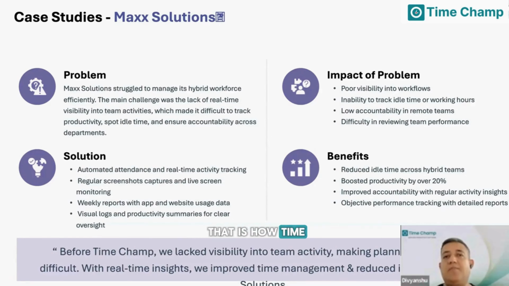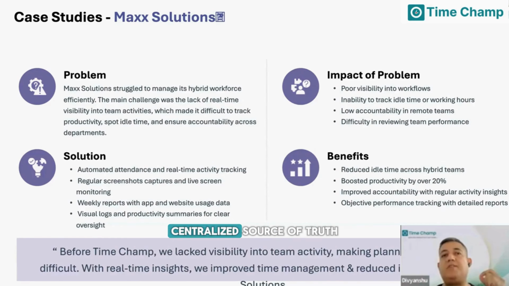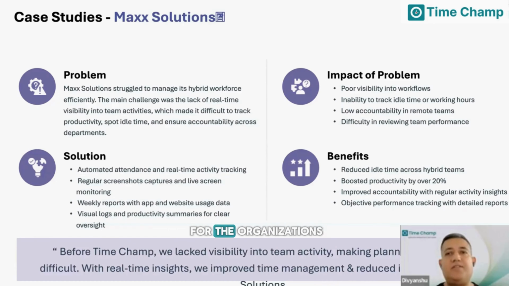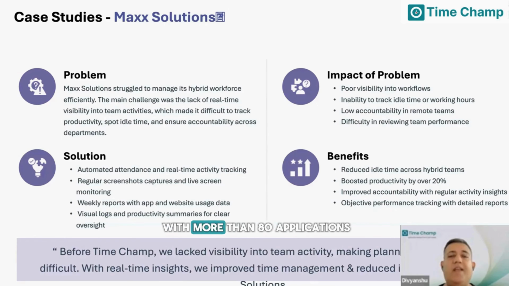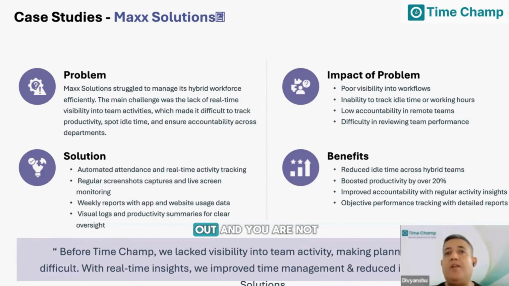And that is how TimeChamp becomes one unified, centralized source of truth for organizations. We can also integrate with more than 80 applications across the world, which ensures that you are not compelled to use multiple tools for multiple things. Along with that, we can also do integrations with open APIs.